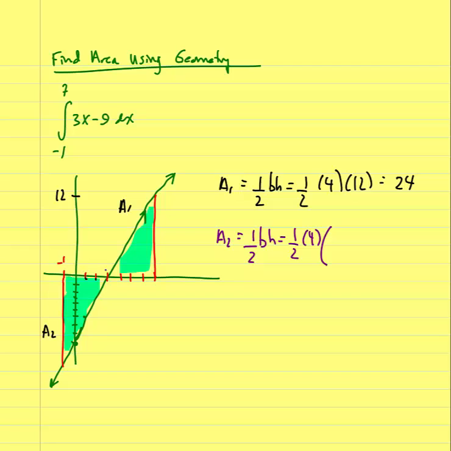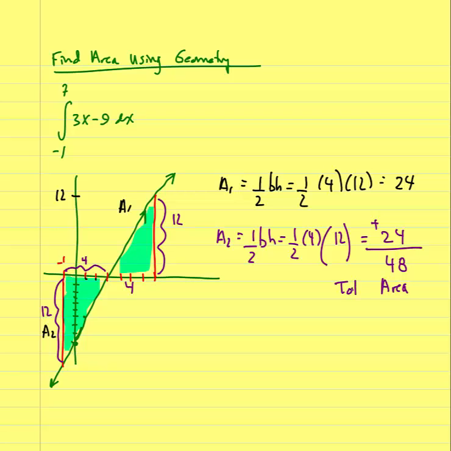So this is a width of 4 and a height of 12. So same problem really. So I get two areas. If I add these together, 24 plus 24 is 48. This would be the total area.